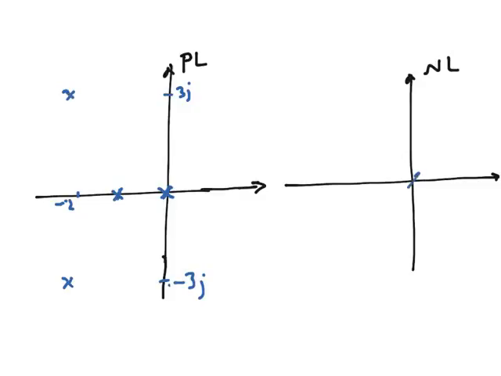And same here, 1 pole at origin, 1 pole at minus 1, and two poles at minus 2 plus minus 3j.